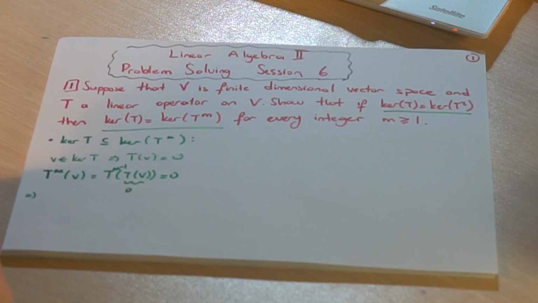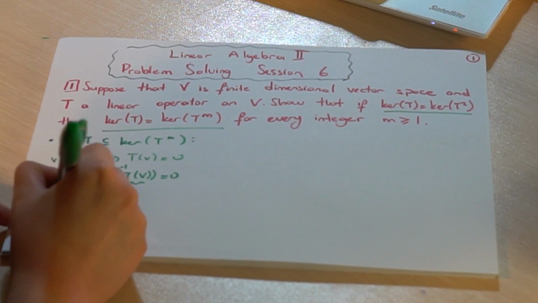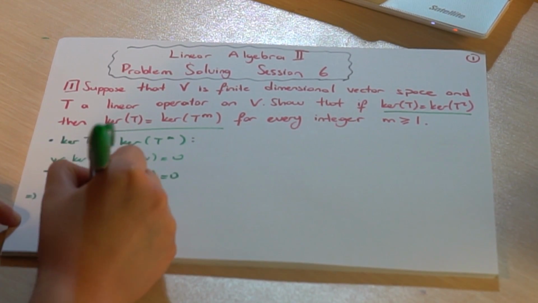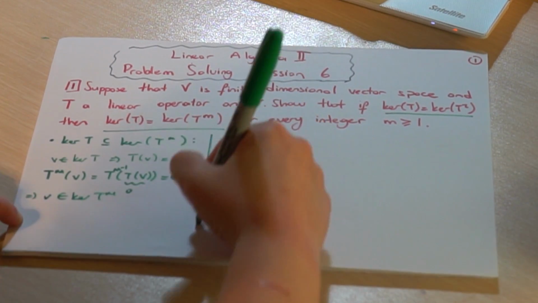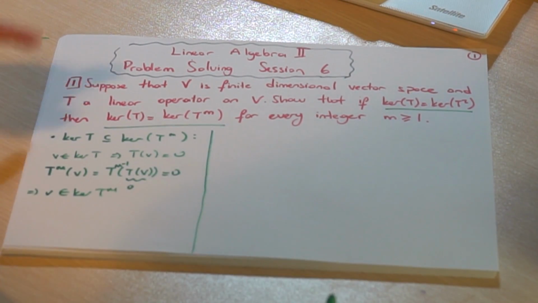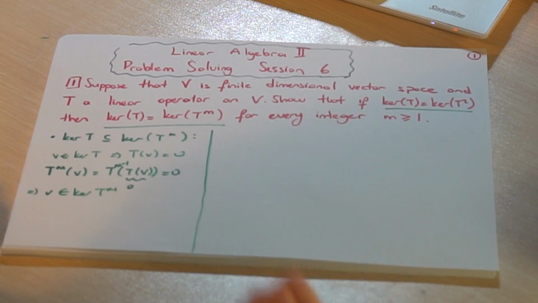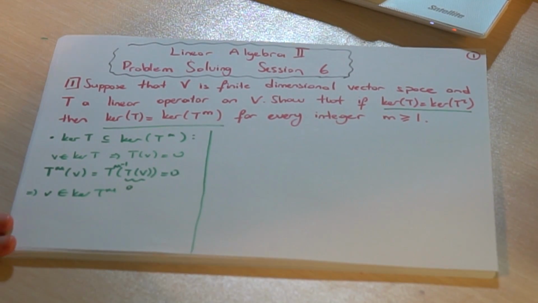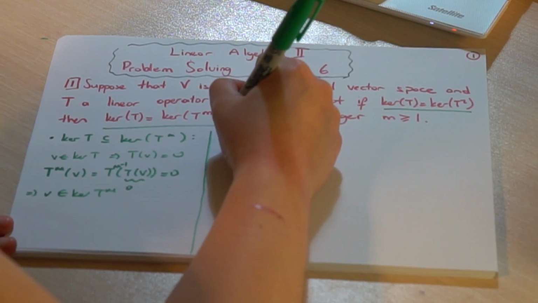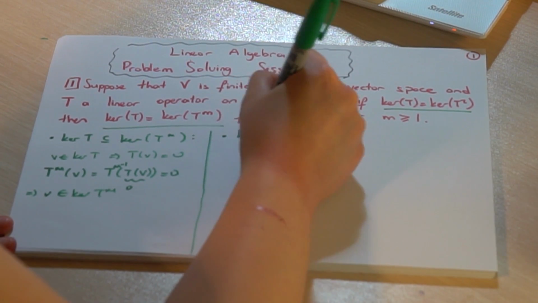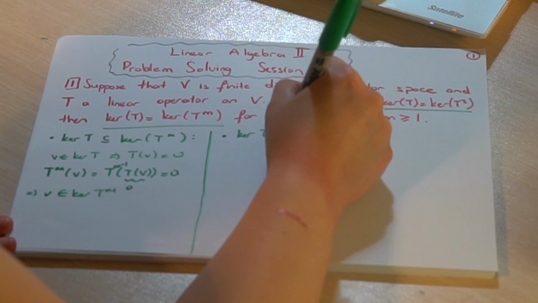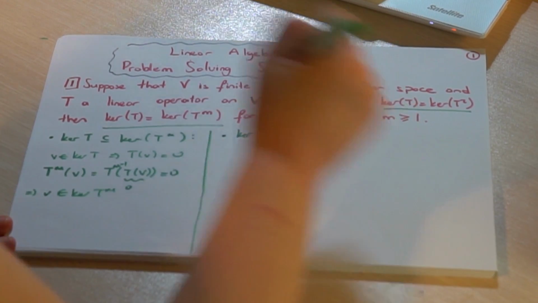So V is in the kernel T to the m. For this side, we don't even need our assumption kernel T is equal to kernel T square. Now let's show the kernel T to the m is under kernel T.